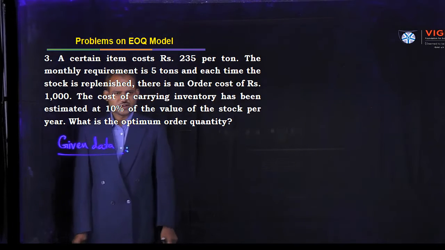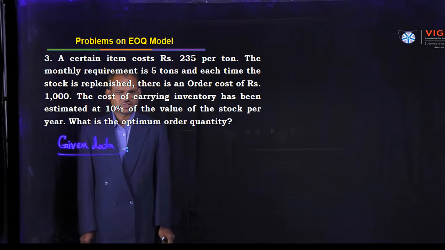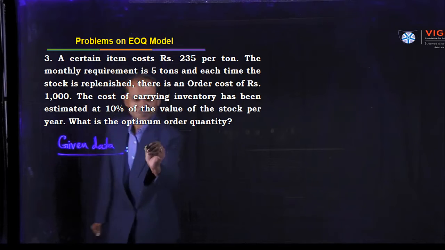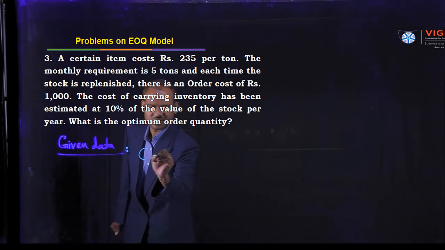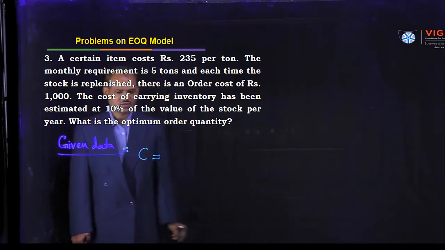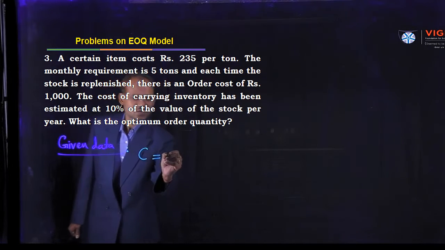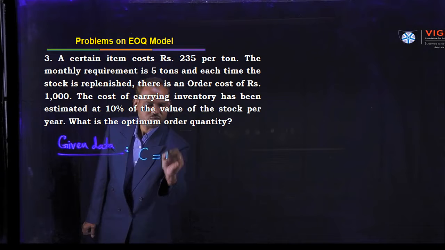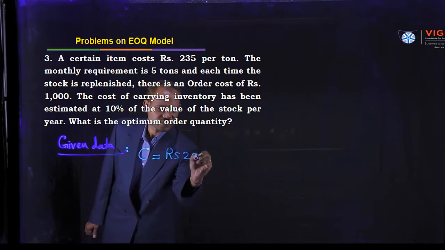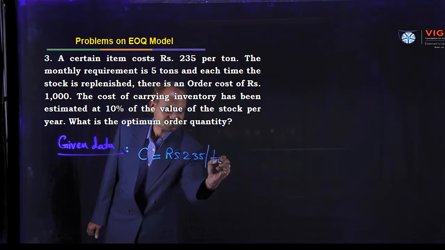A certain item costs rupees 235 per ton. That means, with the help of symbols, you can write C. Capital C means cost per each unit, rupees 235 per ton.